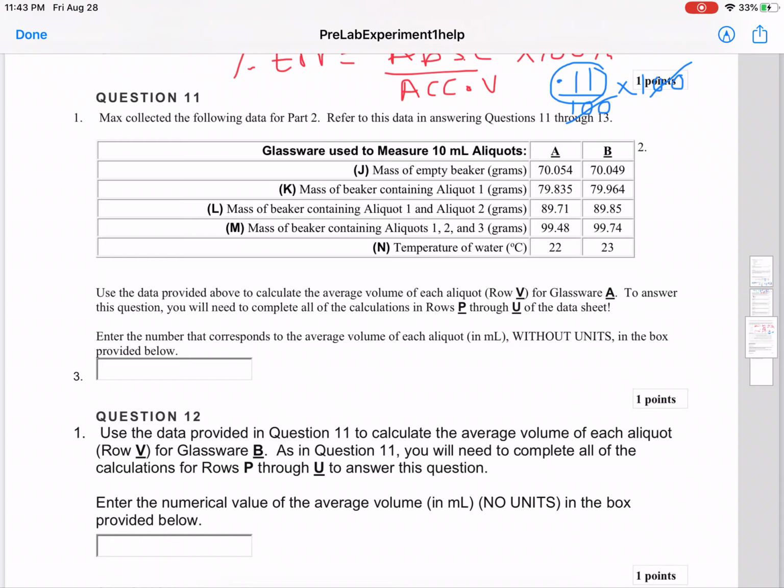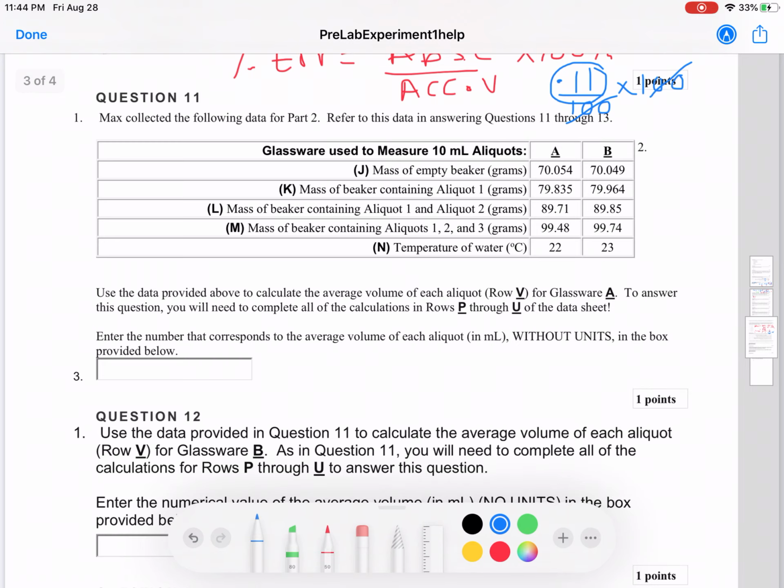First we need to find the mass of each aliquot. K minus J will give us the mass of aliquot 1.